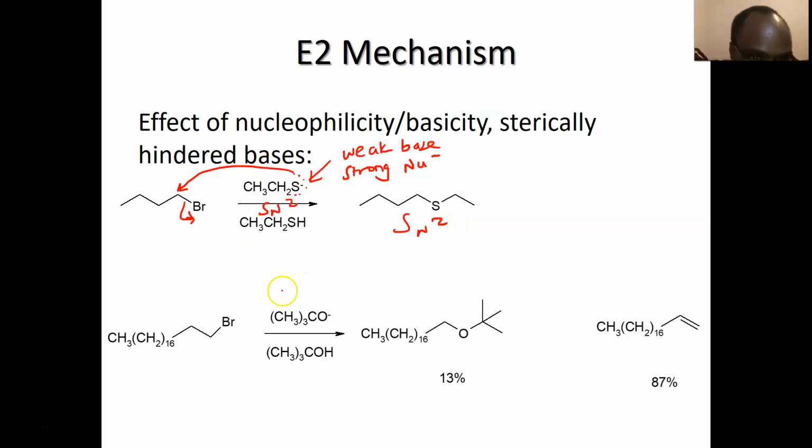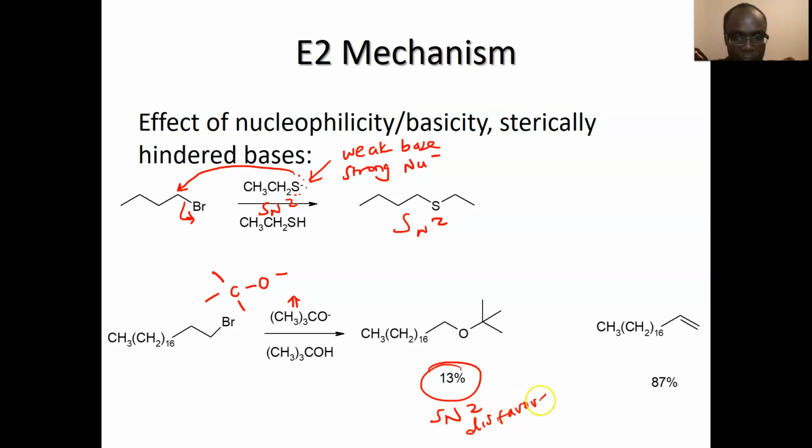Now, if the base is bulky, then it's sterically hindered, then substitution will fail. Substitution will be disfavored. SN2 is disfavored because SN2 doesn't like bulky substrates. So instead E2 will happen. So you will have to use this as a base to get the major product.